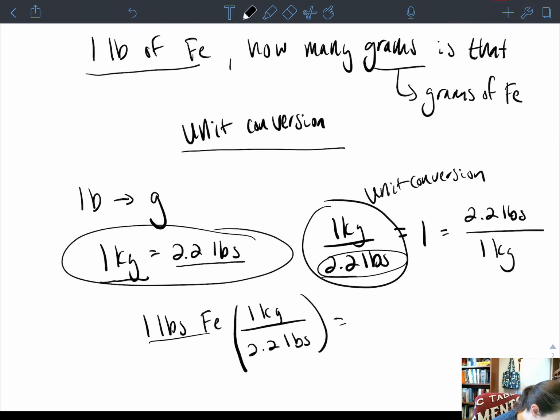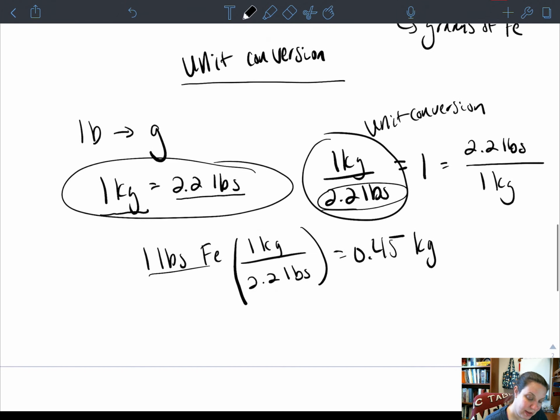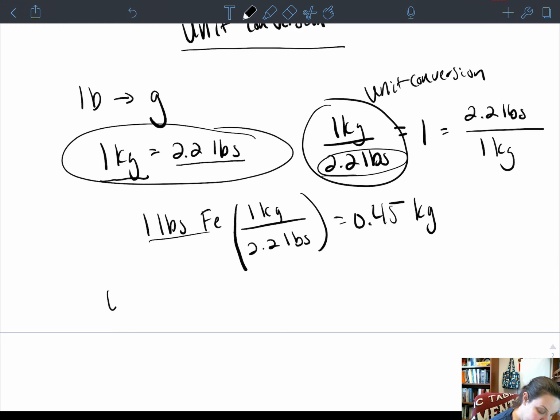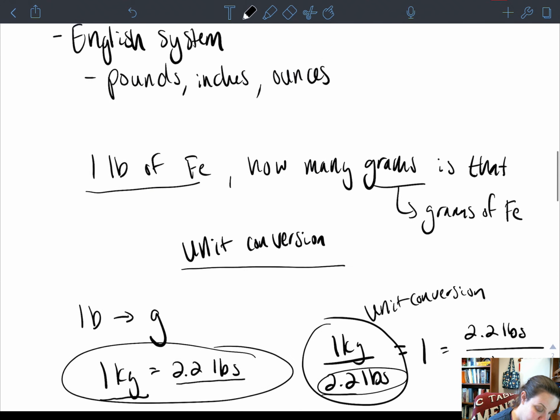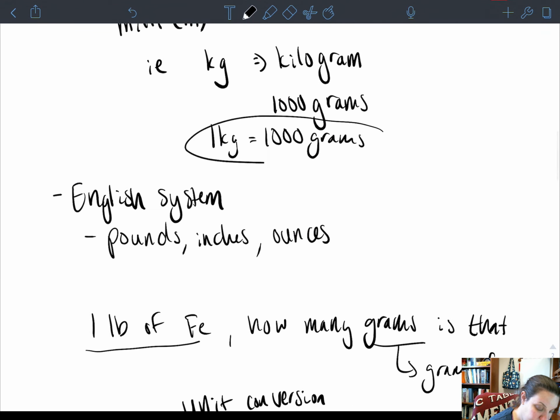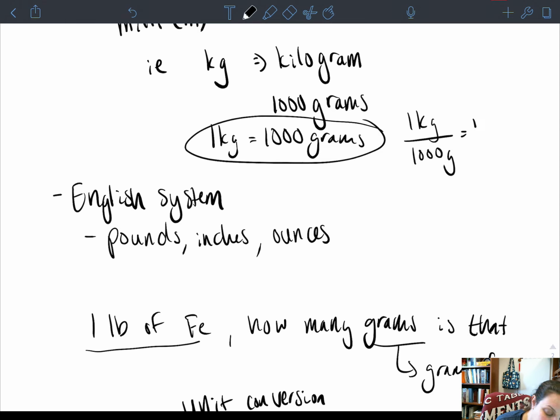Giving us 0.45 kilograms. And then going from our kilograms to our grams, we already made this unit conversion where 1 kilogram is equal to 1,000 grams. So 1 kilogram over 1,000 grams is equal to 1.